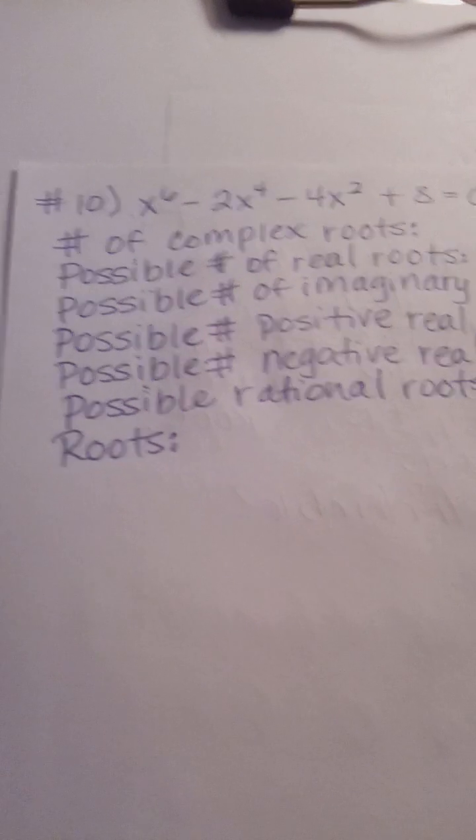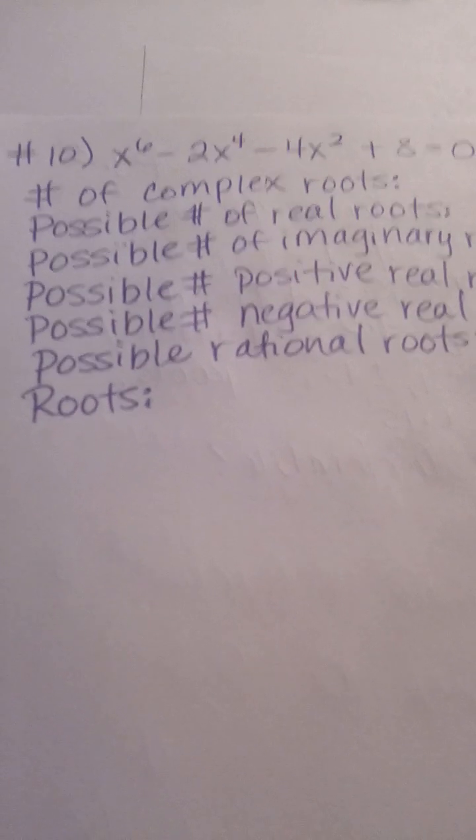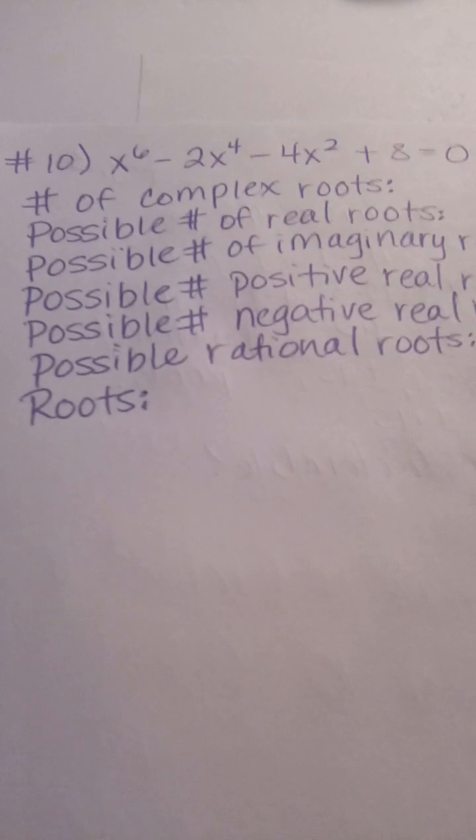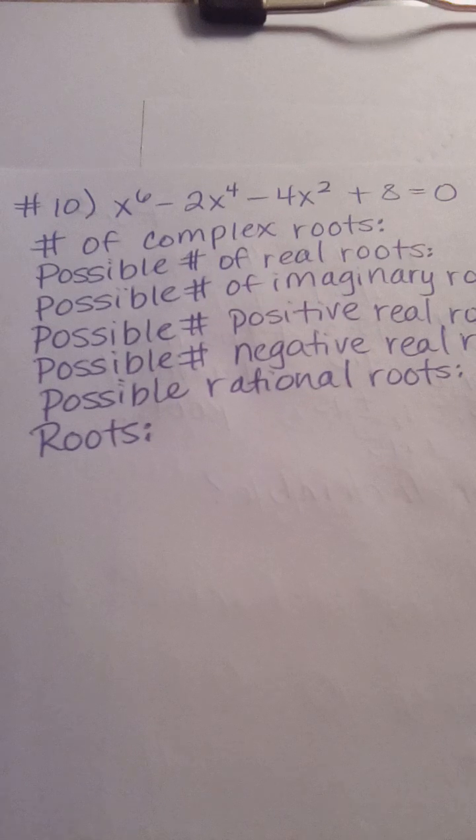All right. Let's move on to the last one. This is kind of like a little bit of everything. Remember a familiar term we normally use in algebra? It will pop up in a few minutes, okay? We have number 10: x to the 6th minus 2x to the 4th minus 4x squared plus 8 equals 0. First things first, let's look at the complex roots.